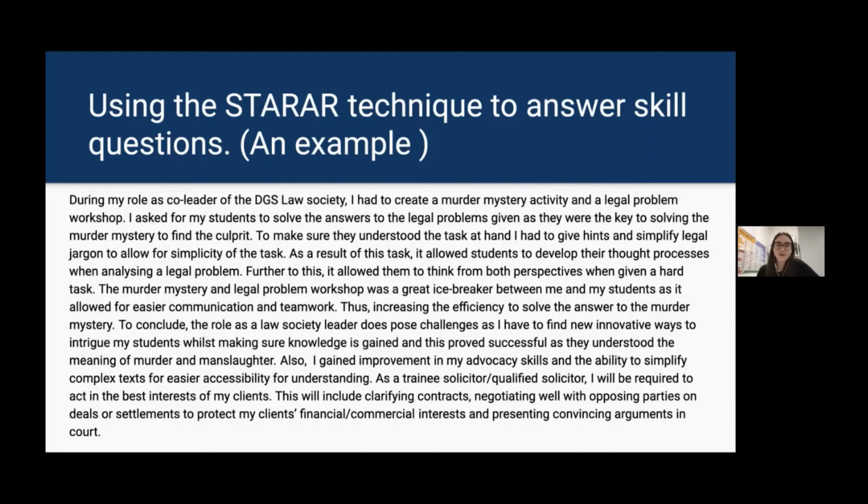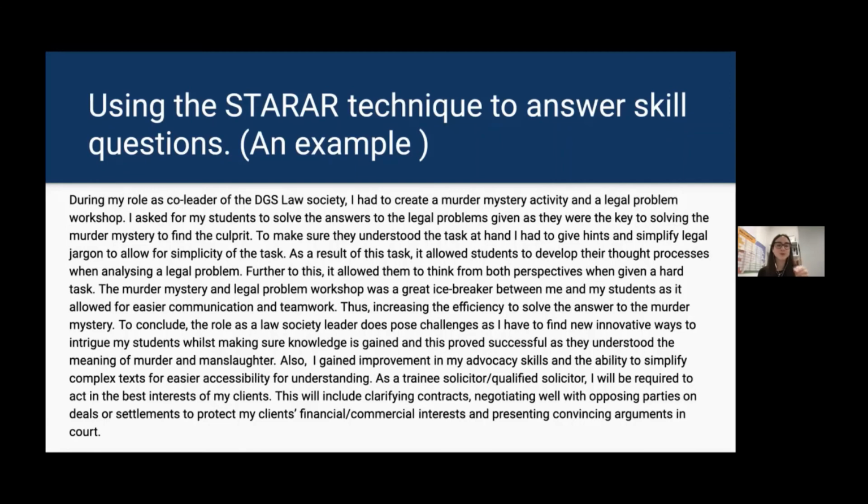Yeah, that sounds great. So again, using this technique is such a great way to hit all those points that law firms are looking for. So like I was saying about being reflective, being able to analyze the things that you get up to. But those are the positives of using this technique.